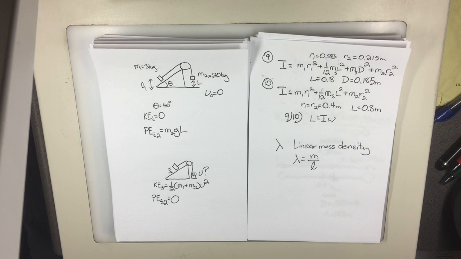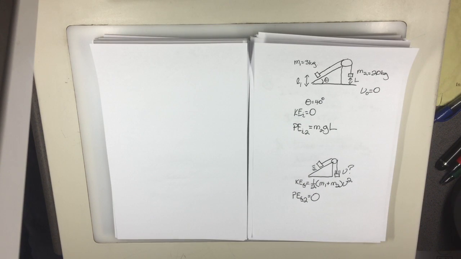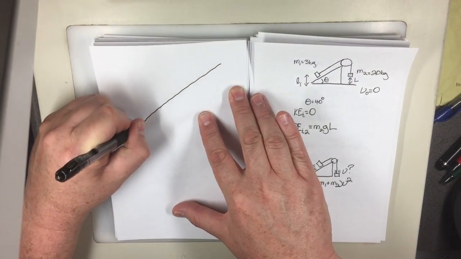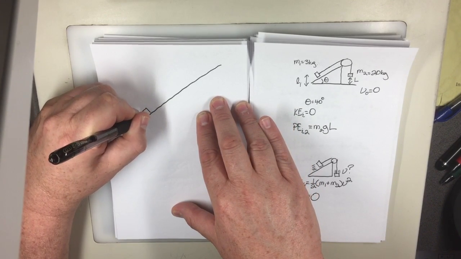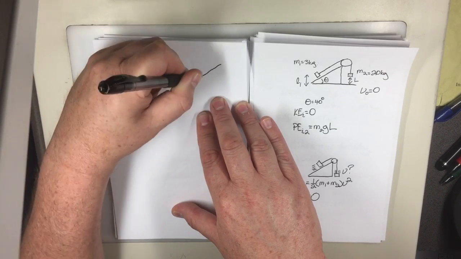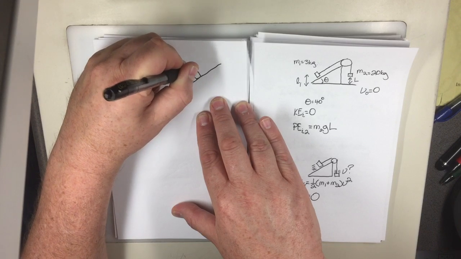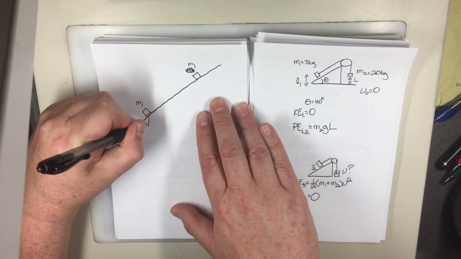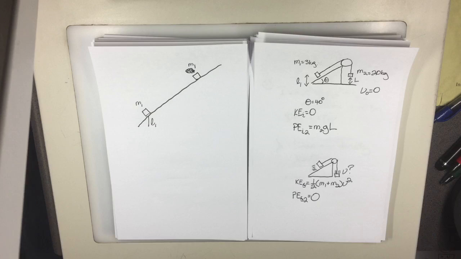Now, one of the things that we need to really look at, and this will help with problem 14, is just looking at M1 for just a moment. This is the height L1. That's a height that we don't know.